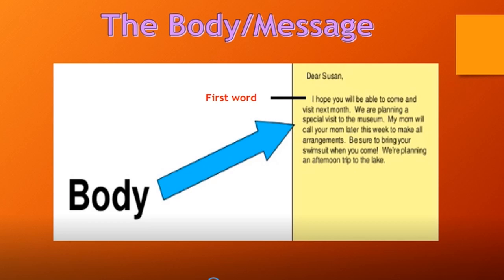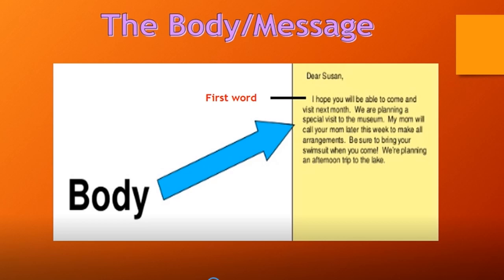Now, what you are supposed to do in this? You are going to explain here in this paragraph what your purpose of writing the letter is. This purpose shows the reason for writing: the letter to inform, to invite, to thank, or to simply keep in touch with your near and dear ones.